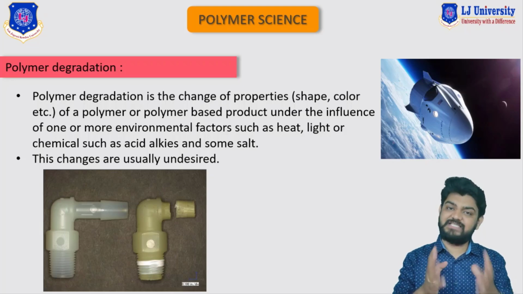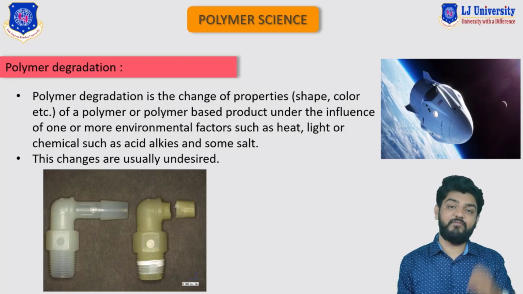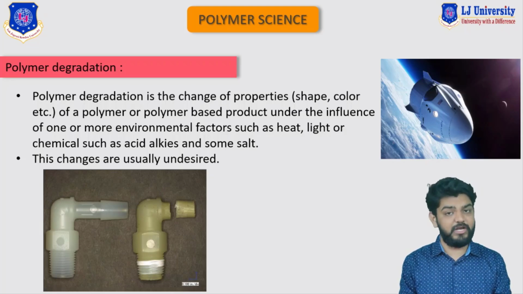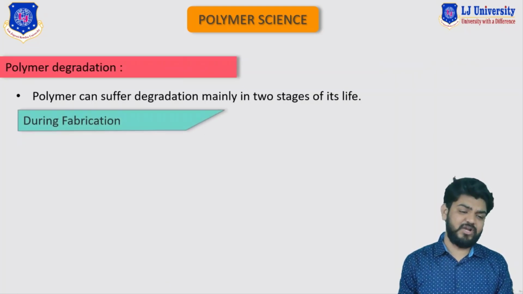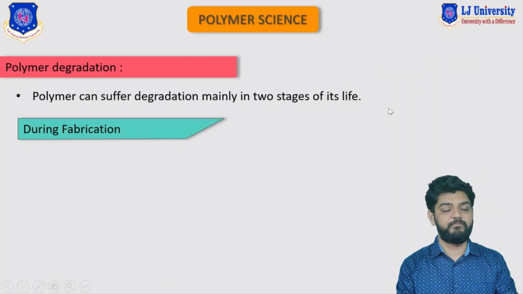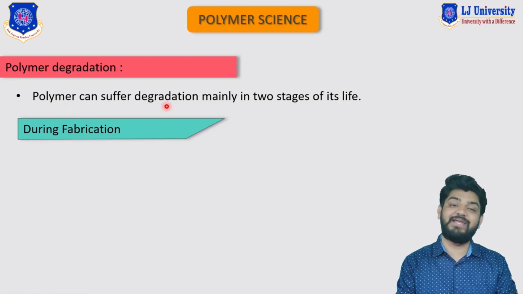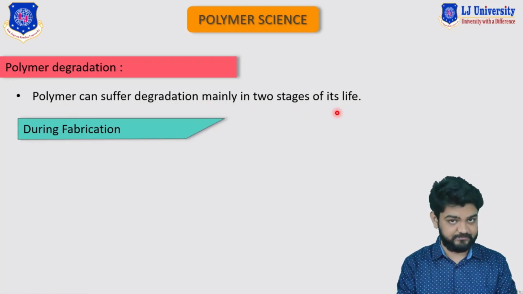Now, having said that, let's understand at what stage of the life of the polymer it faces degradation. As you can see here on the screen, a polymer can suffer degradation mainly in two stages.